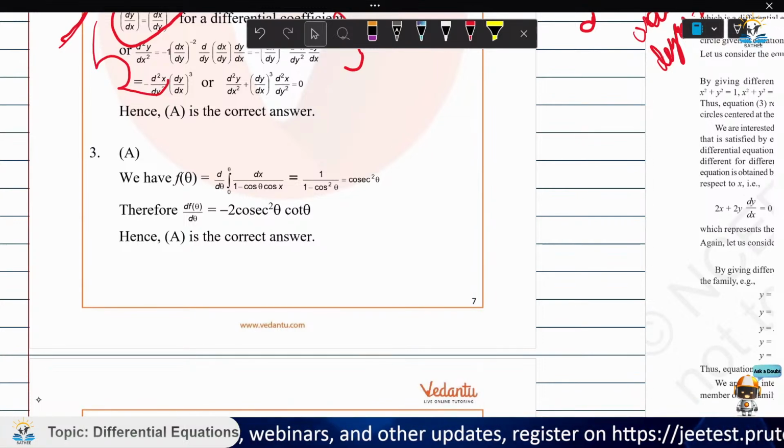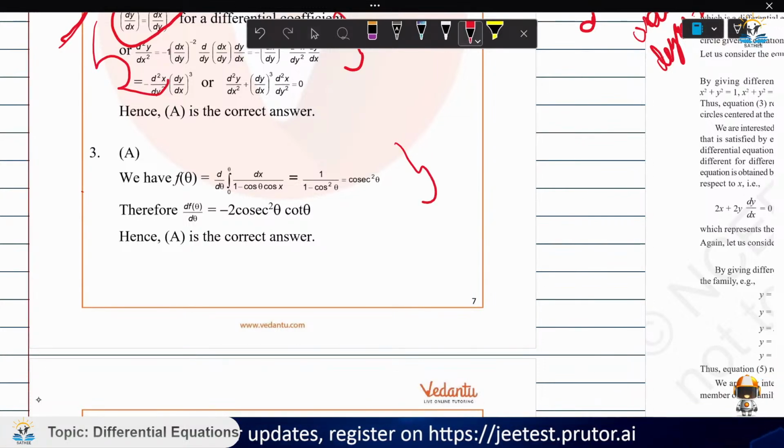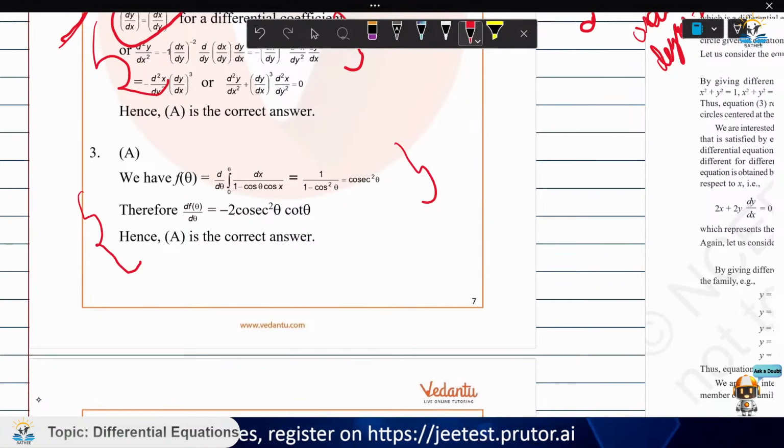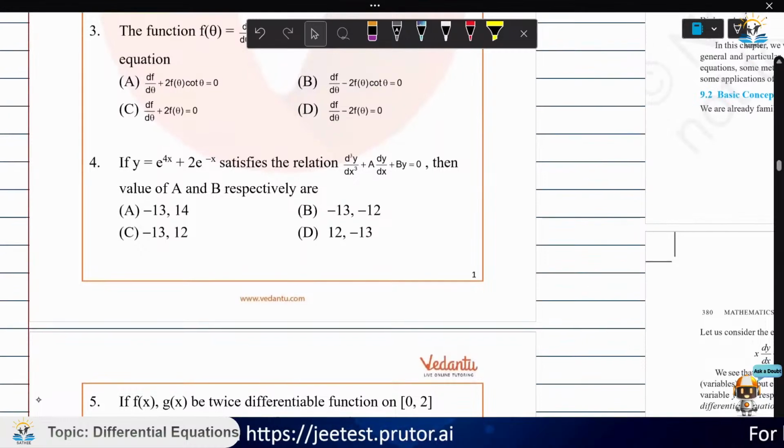So what they're trying to do here is we have taken cos theta as a constant here and try to integrate it. So this might be including integration as well. And I know that we have not covered integration right now. So we'll skip this question and move towards the next part.